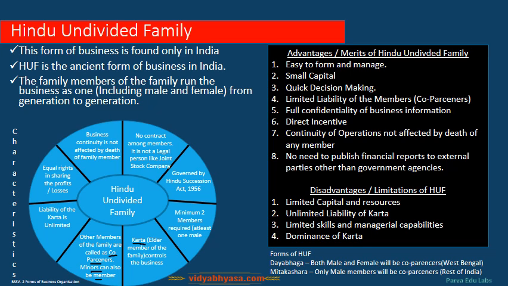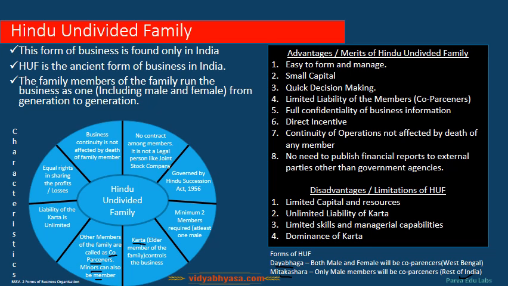Let's look into the forms of Hindu undivided family. There are two schools of thought of Hindu undivided family. One is the Dayabaga school, and the second one is Mitakshara. Dayabaga was popular in West Bengal, and Mitakshara was popular in the rest of India.